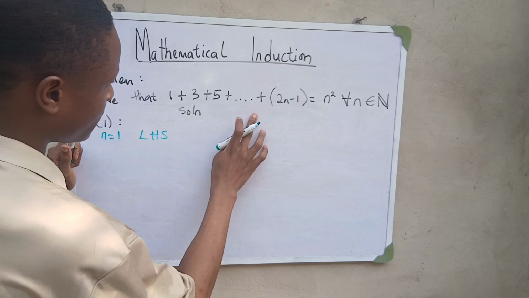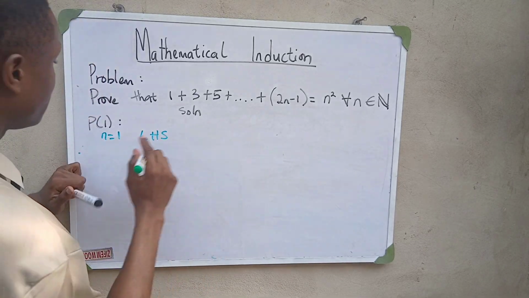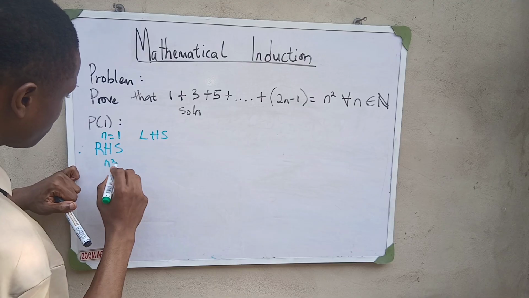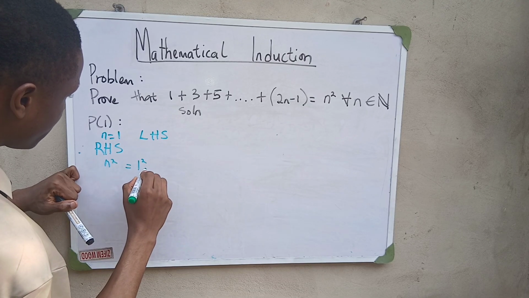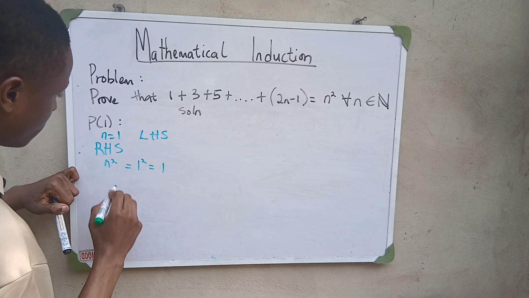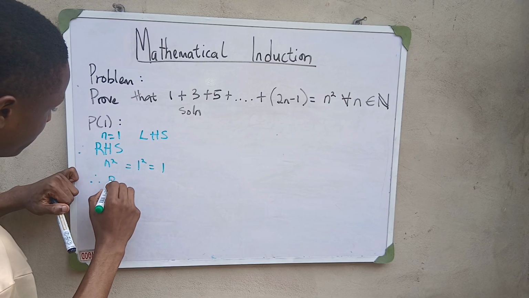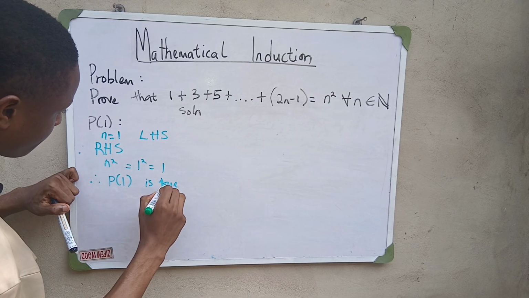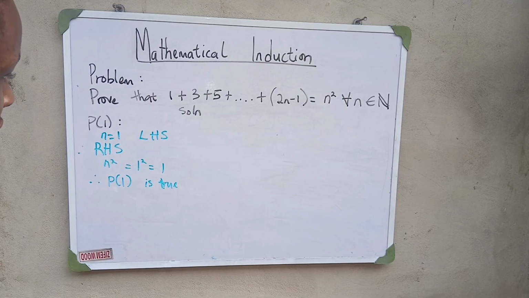Then for the right hand side, we have n square. So n square is equal to 1 square, that is equal to 1. So therefore, P of 1 is true.